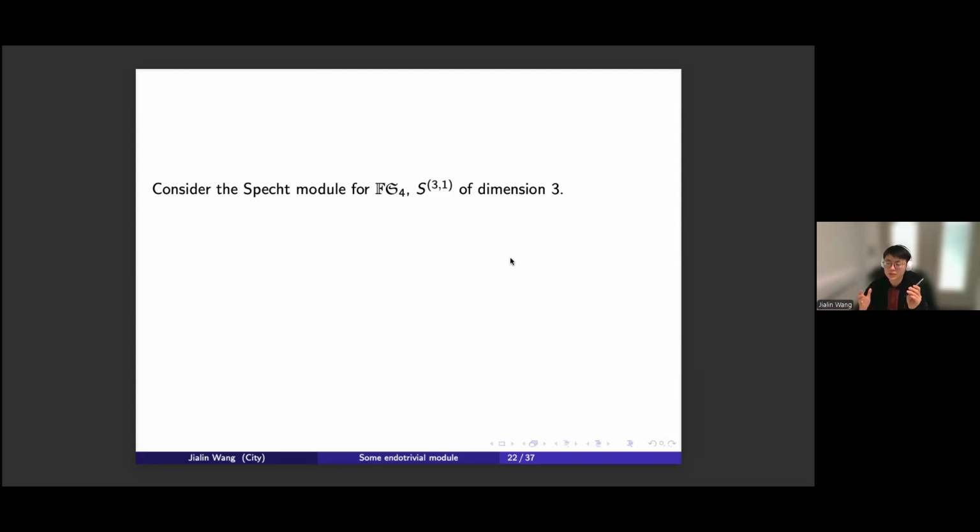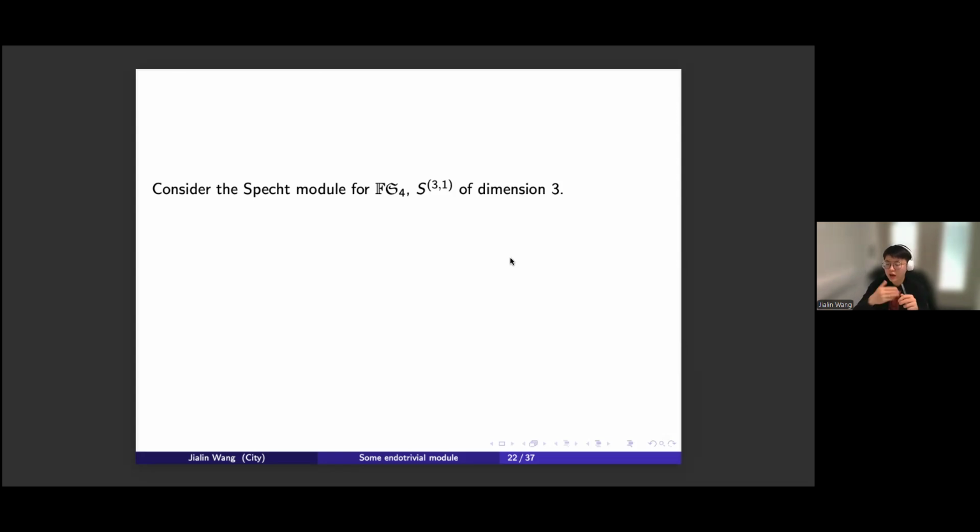In the characteristic p case, when p is odd, these Specht modules are indecomposable, and in the p = 2 case, they may be decomposable. But overall, in the characteristic p case, the Specht module will always have a simple head. And if you collect the heads of these Specht modules, you get a complete set of simple modules for FSn.